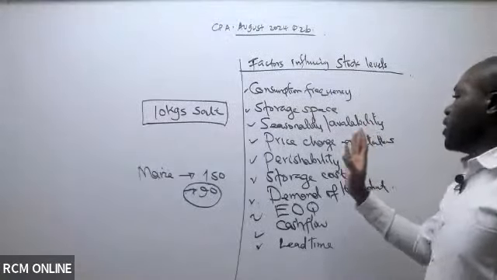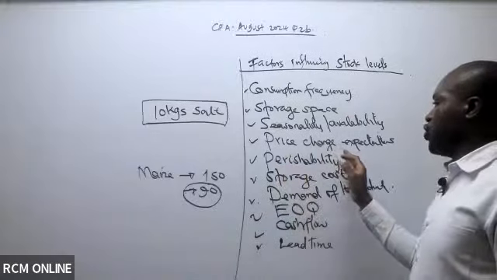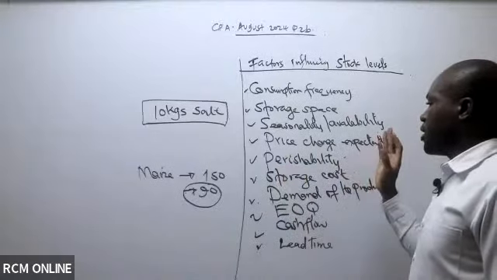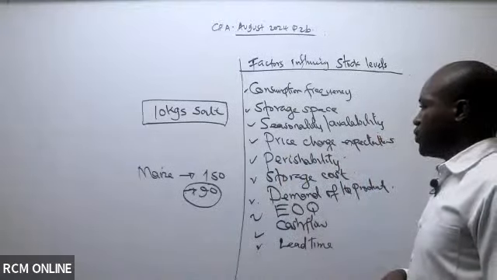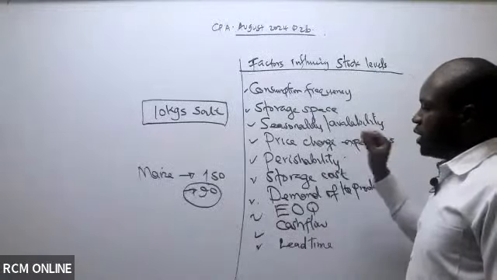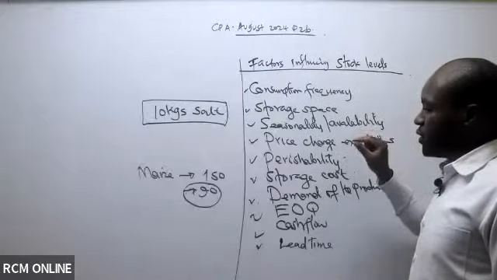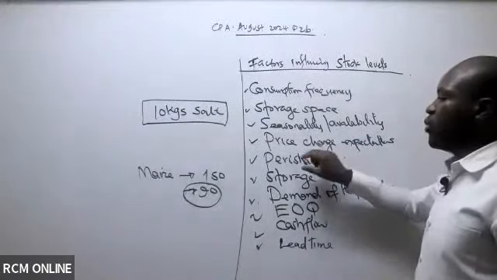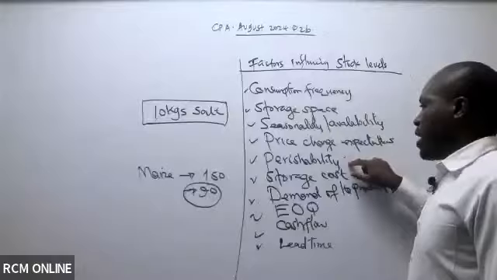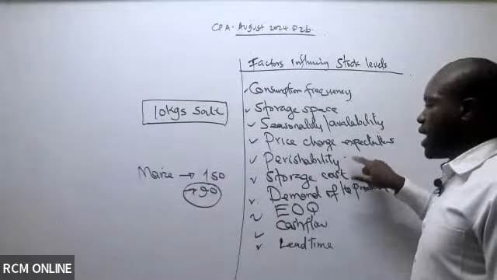Then perishability: if it cannot be kept for long without being destroyed, I need to have just the smallest quantity which will meet my demand at that particular time.